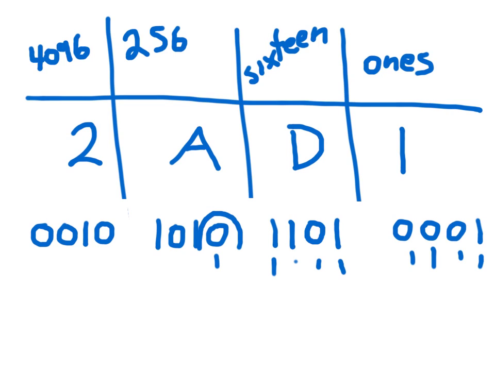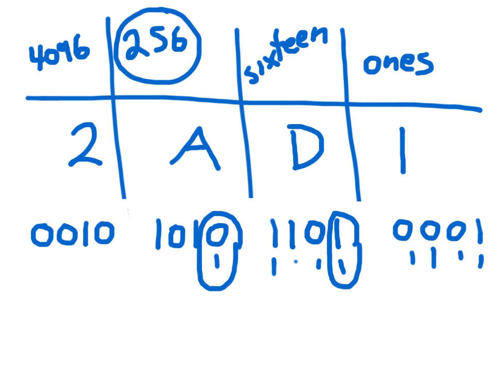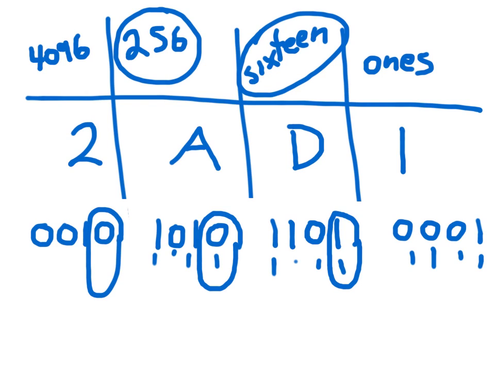Notice that the 256 place here corresponds to this. Notice that the 16 here corresponds to this. And of course you go 256, 512, 1024, 2048. What comes next? 4096, which corresponds here. So that's how it works.